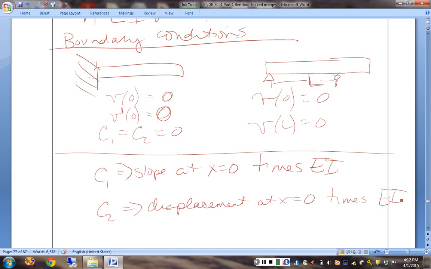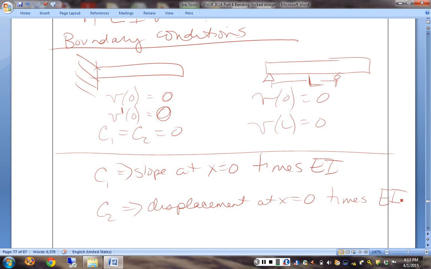Now on the three dudes standing on a bridge problem that you may or may not have looked at yet because it's on an upcoming homework, the support is not at the end, so C2 is not 0, but I will tell you that it's not going to be on the exam like that because that's just too much math. So C1 is the slope times EI, C2 is the displacement times EI.